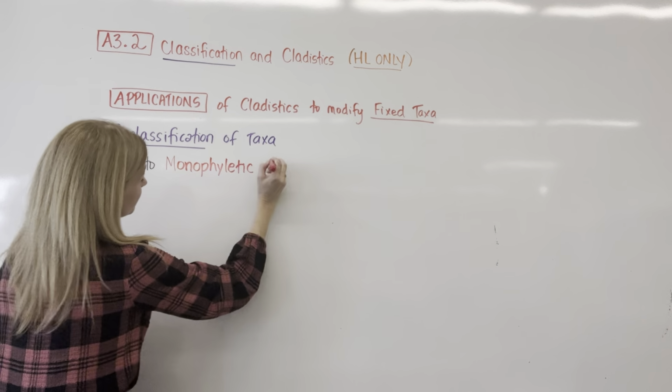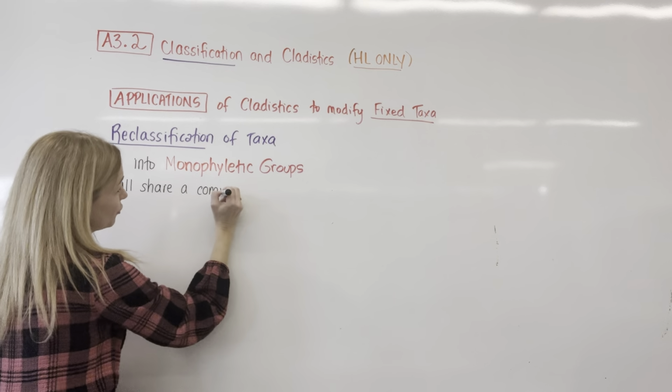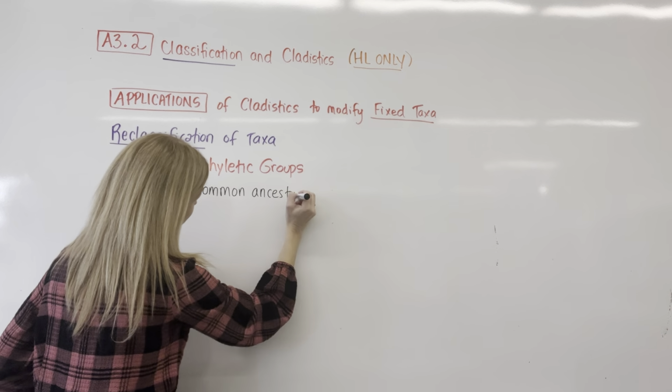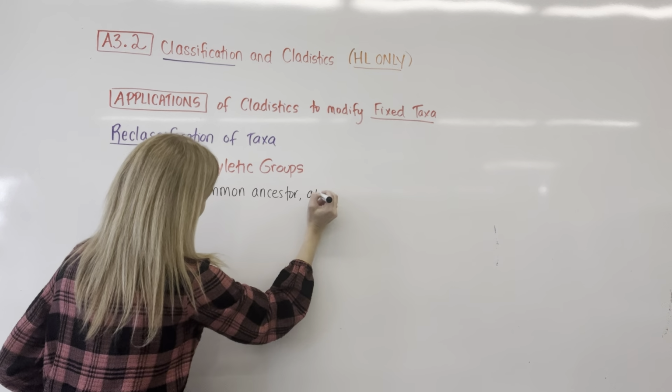So we're going to try to make sure that when we do use fixed taxa, they also reflect what we understand about clades. A monophyletic group is one where they all share a common ancestor and all descendants are included. So essentially, definition-wise, it's the same thing as a clade.